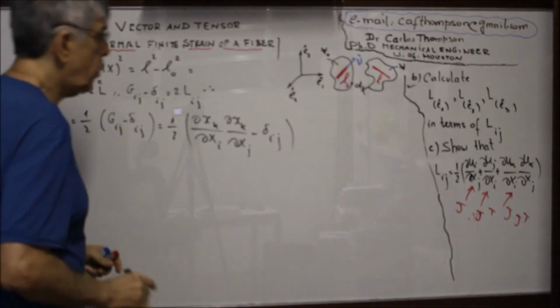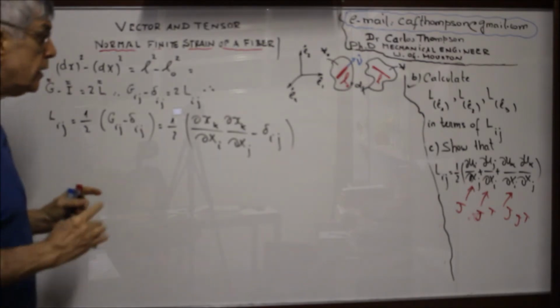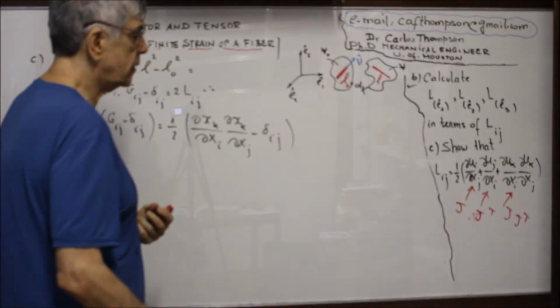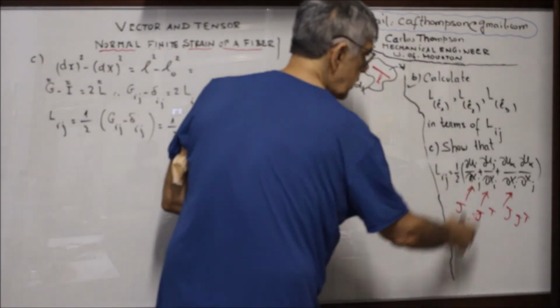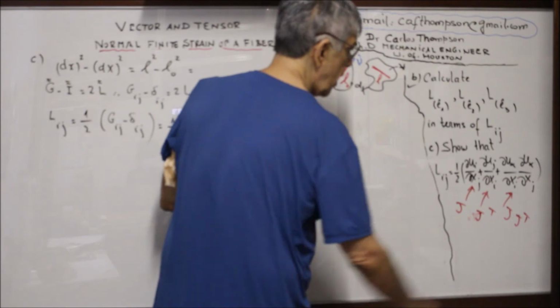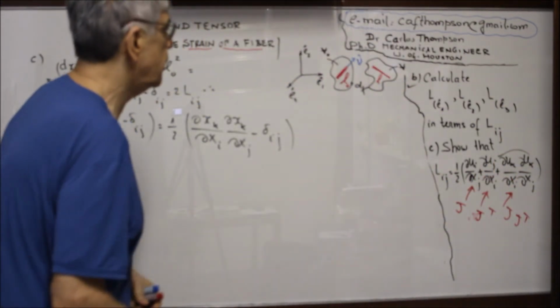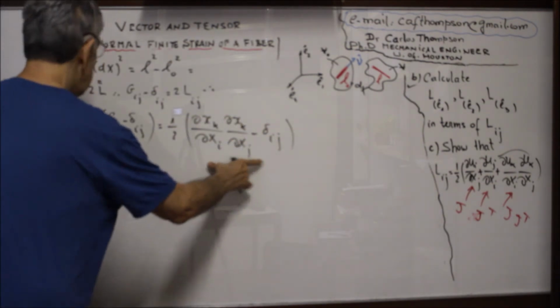Now, we want to express L_ij in terms of this displacement tensor, partial U_i with respect to X_j, partial U_j with respect to X_i, plus what is called a nonlinear term. Okay, let's express this from here.